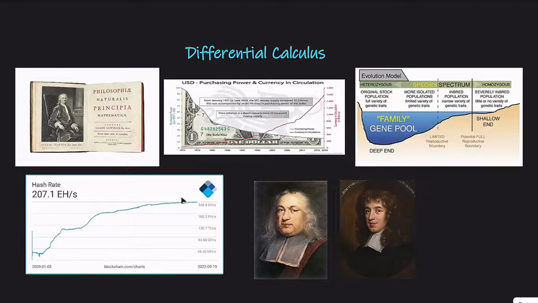We could even look at the relationship between ASIC computations and time, where the hash rate is the derivative of Bitcoin mining. So you can see there are plenty of different applications we could use to study whatever phenomenon you are observing.